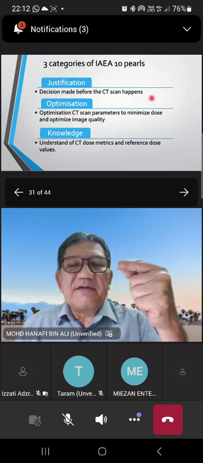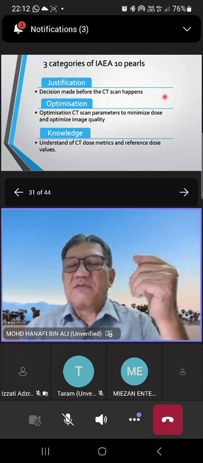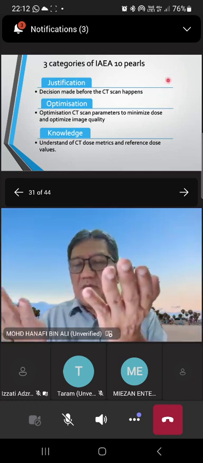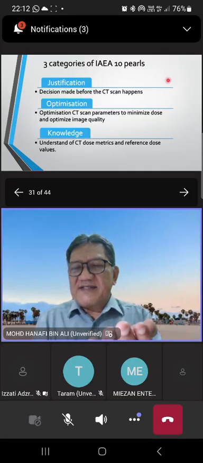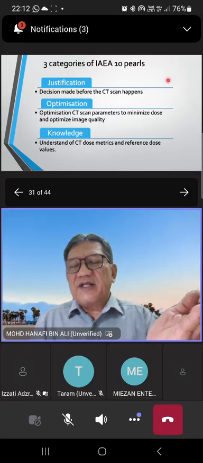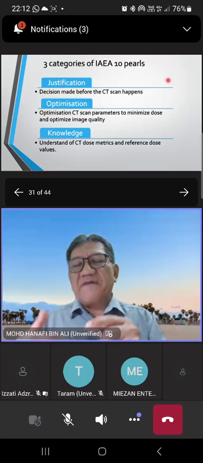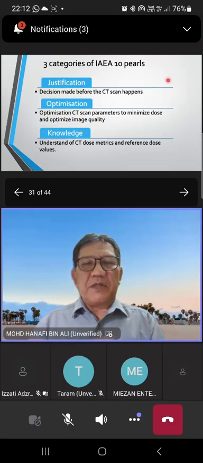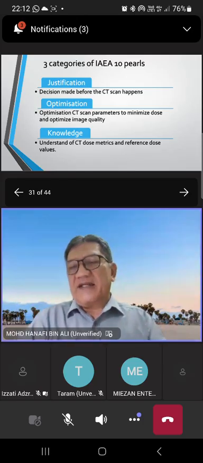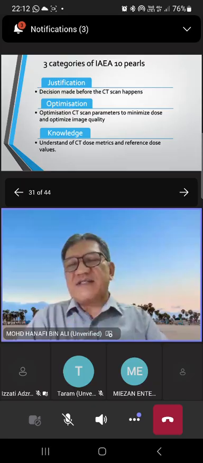Justification means how they justify. Let's say we have one disease for the patient. Other modalities they try, but they do not work. They also have an evidence base, and people practice that only CT scan can show that. Then we have to expose the patient to the CT scan.